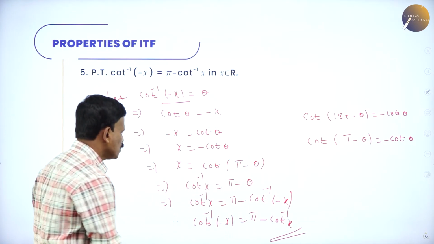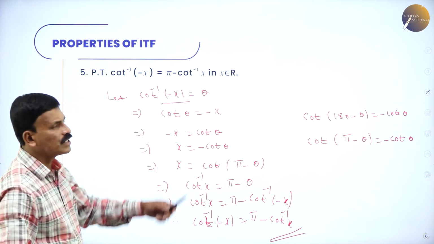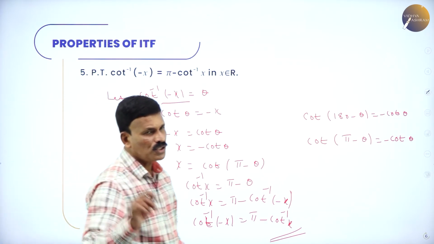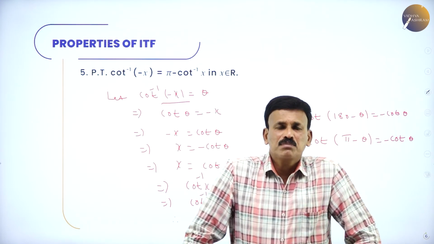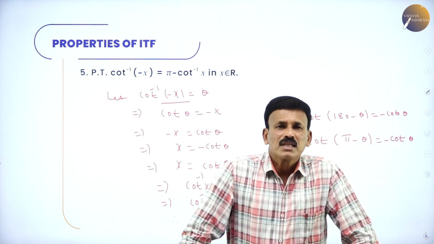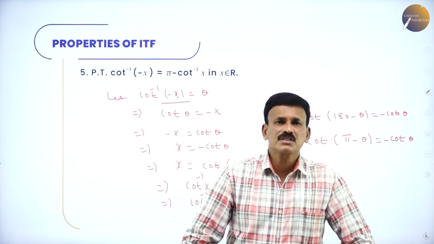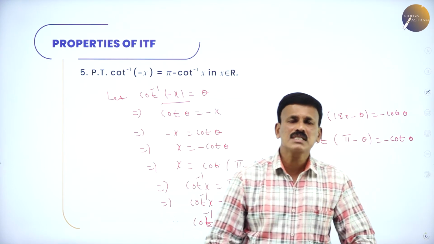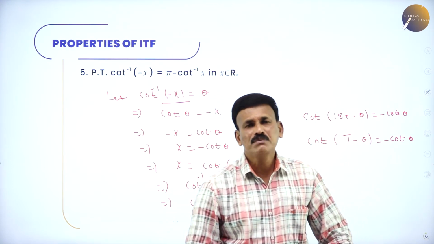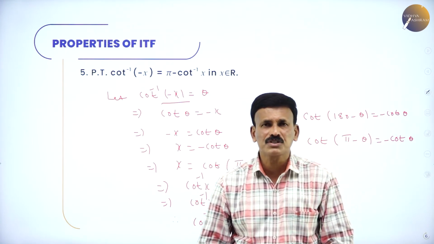So cot inverse of minus x is equal to pi minus cot inverse x. So for cos and cot, cos inverse of minus x is pi minus cos inverse x, and cot inverse of minus x is also equal to pi minus cot inverse x. So whenever cot and cos are negative, just put pi minus cot inverse x or pi minus cos inverse x.